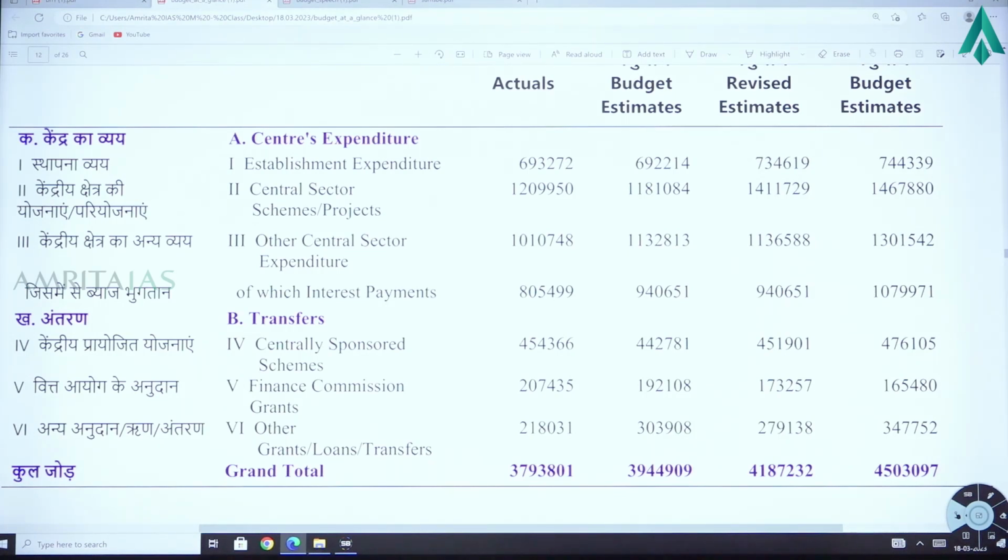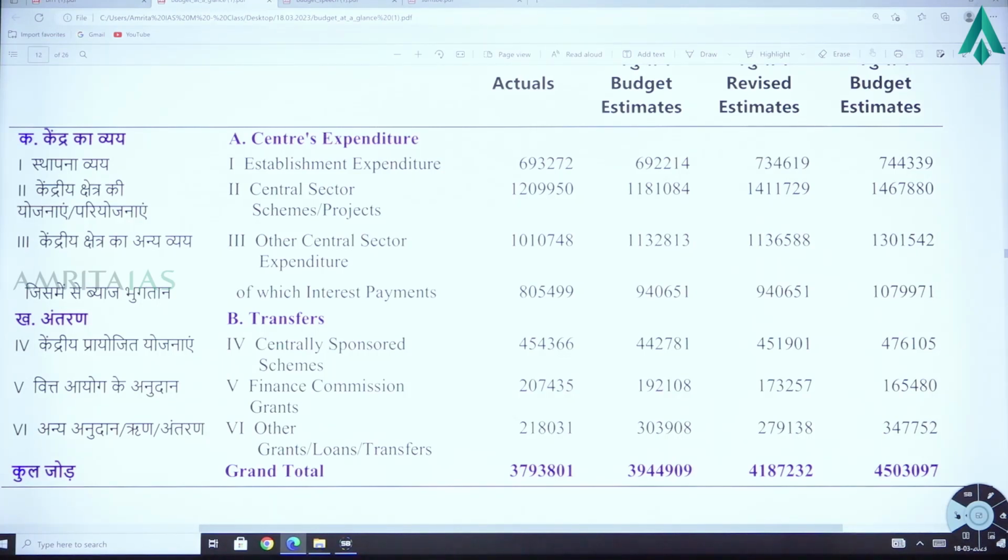Central sector schemes, how much? 14,67,880. Other central sector expenditure, how much? 13 lakh 01, of which interest payment is 10 lakh. That means how much total? 14 plus 13, 27, 27 plus 7, 34.